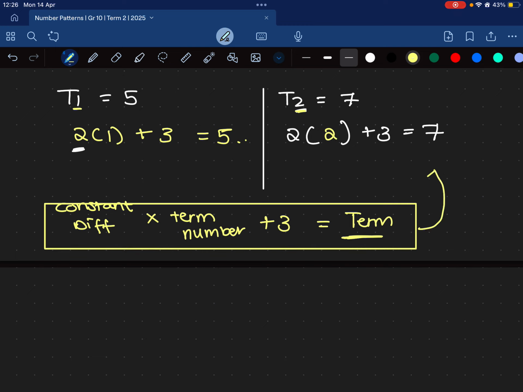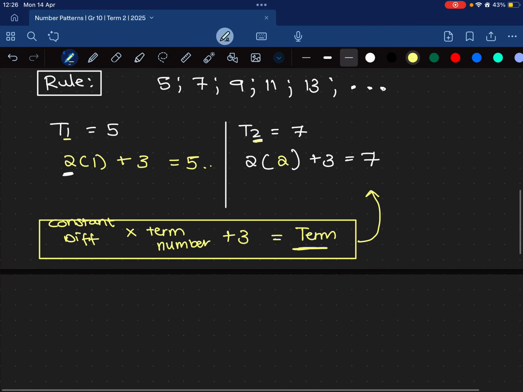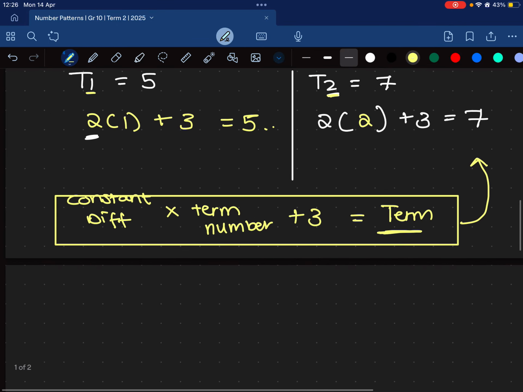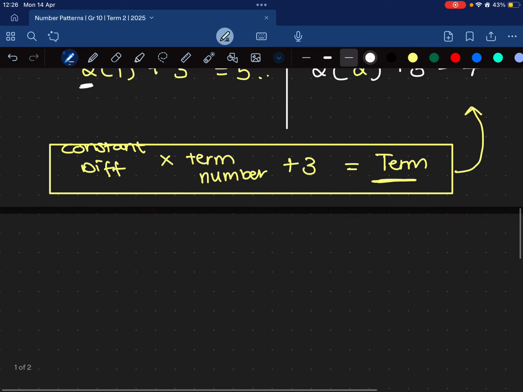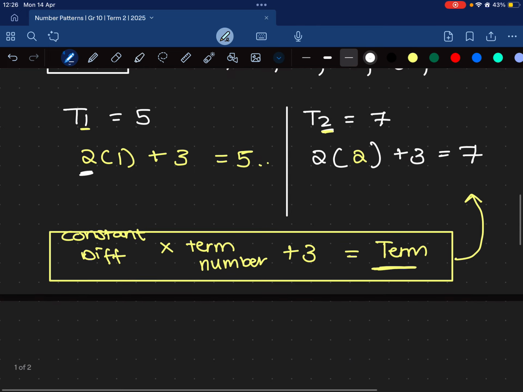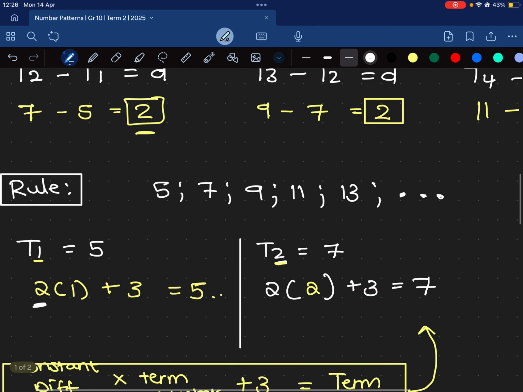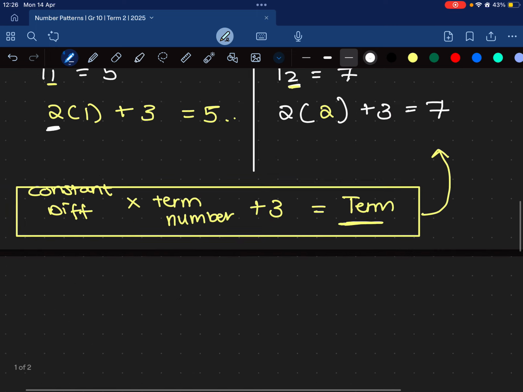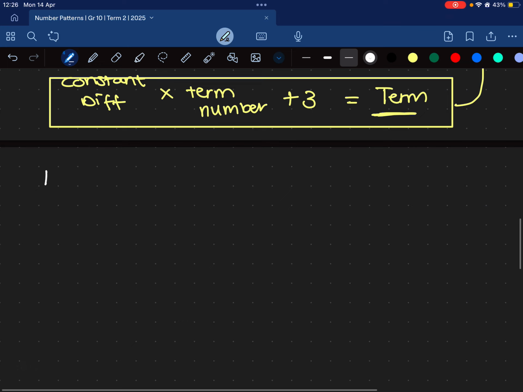Okay, so this rule is just for this particular number pattern above. So we could use this rule to find any term in the sequence. It's easy to find the next few terms by just saying 13 plus 2 will be 15, plus 2 is 17. But what if I say to you, what is term 100? What's the 100th term going to be?